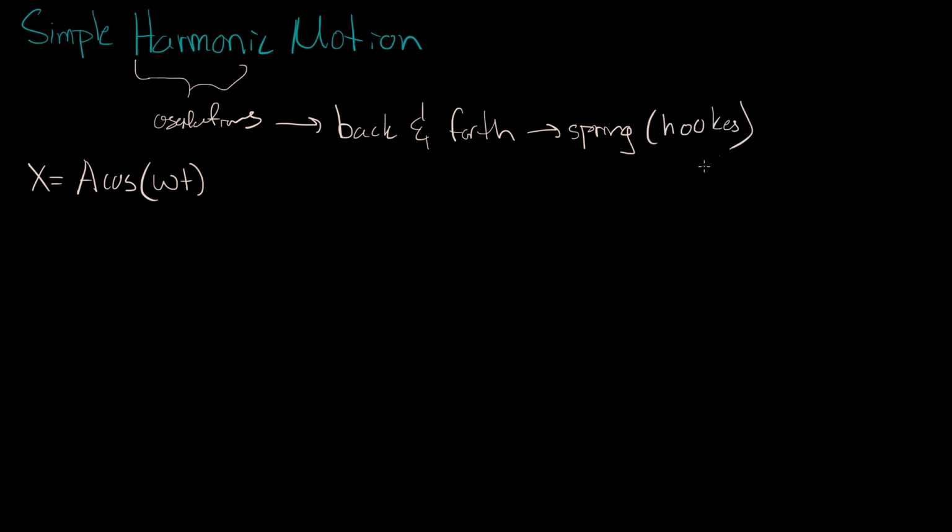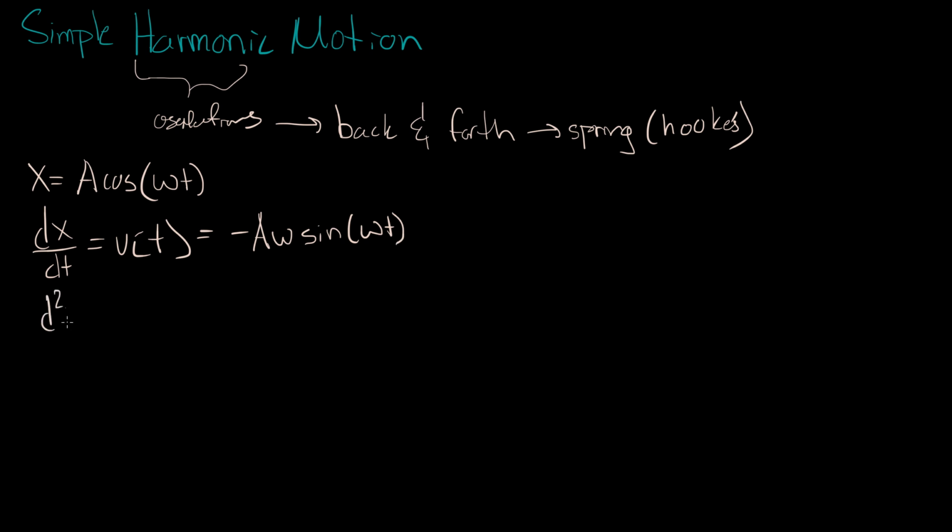To make the connection between a spring that follows Hooke's law and this equation, we'll need to take some derivatives. If we take the first derivative, dx/dt, we're going to get velocity, and that's going to get us negative a omega sine omega t. Hopefully I didn't make any mistakes there.